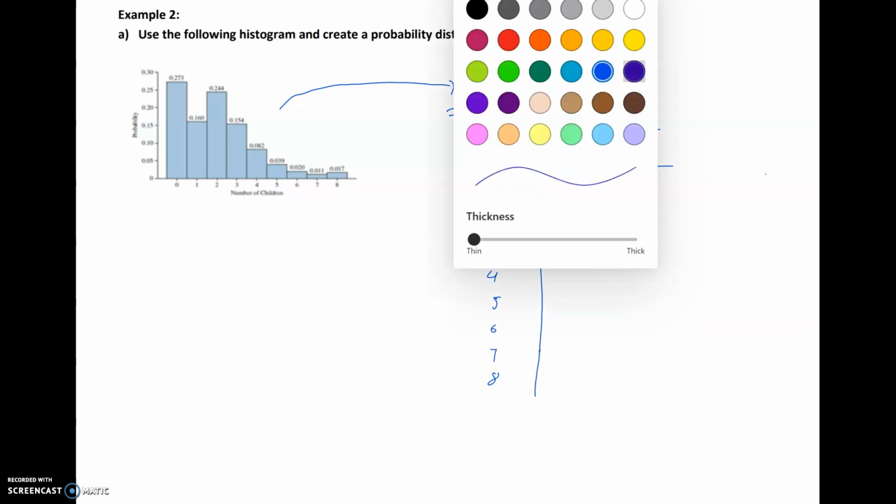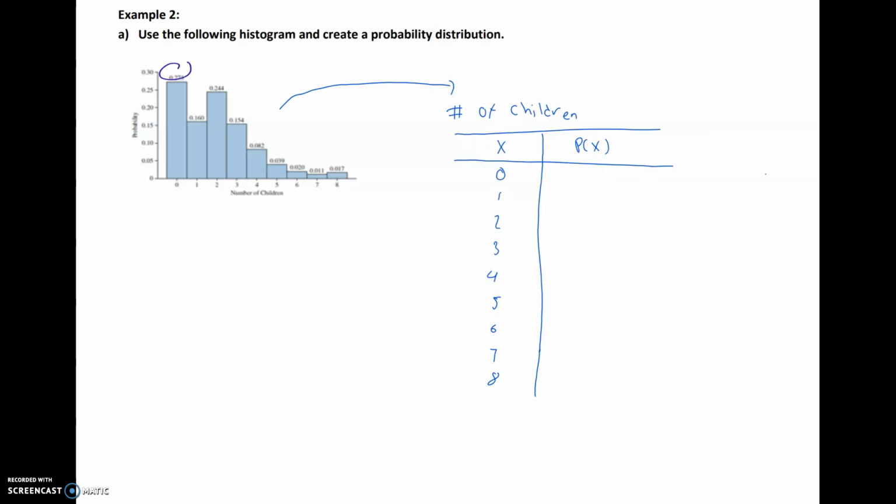And then the probabilities, it's going to be, well, each of the actual values that's appearing on the histogram.